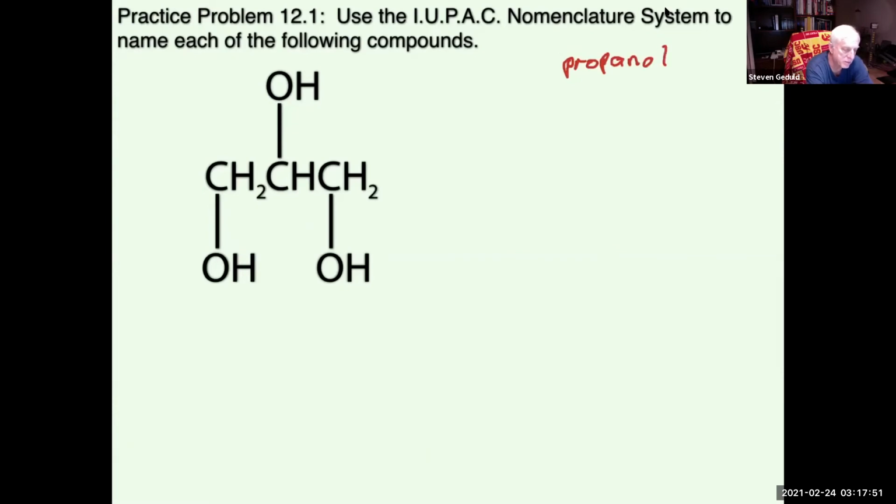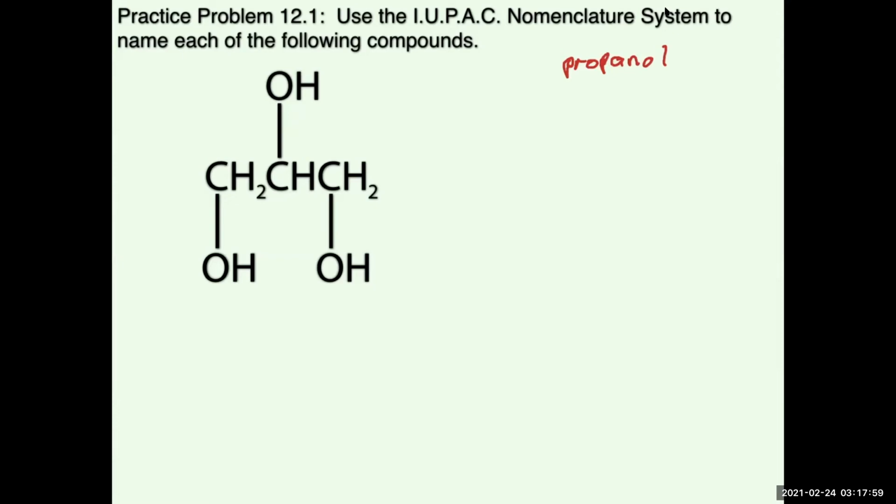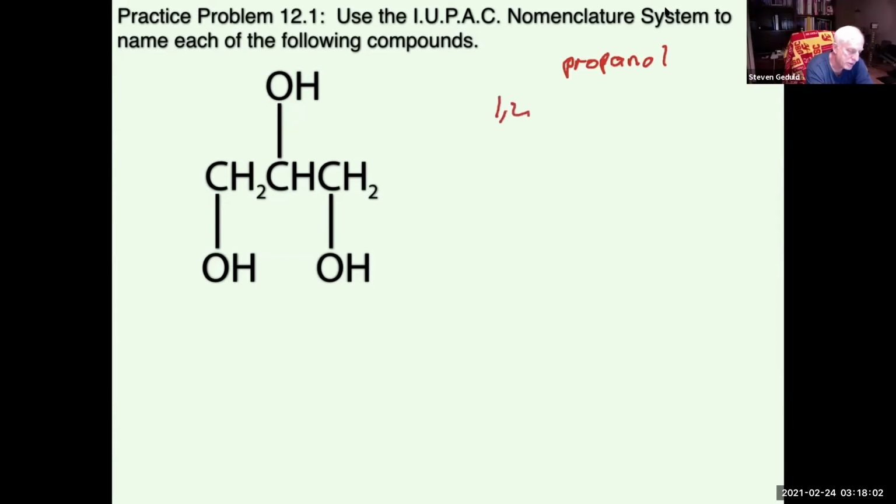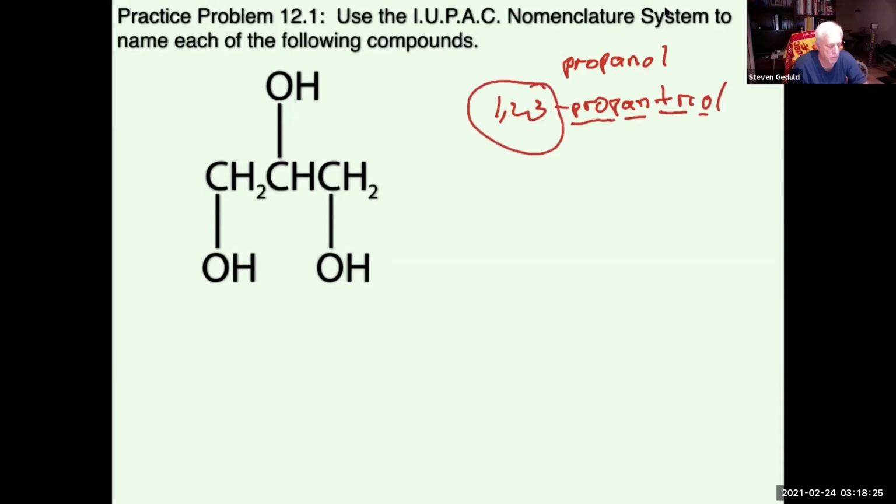And where's the OH group? 1, 2, and 3, right? Perfect. So we get propane-triol. The OL is our OH groups, or alcohol, so trialcohol. Prop is 3 carbons, AN is single bond, and they're at the 1, 2, and 3 positions. So 1,2,3-propanetriol.